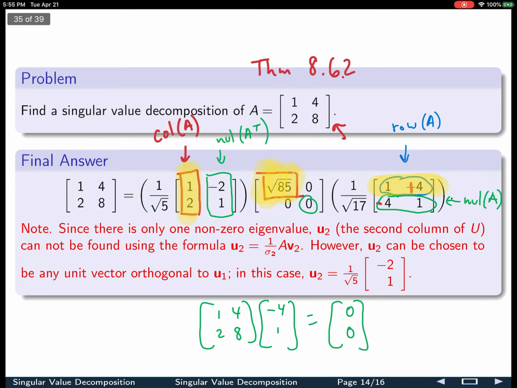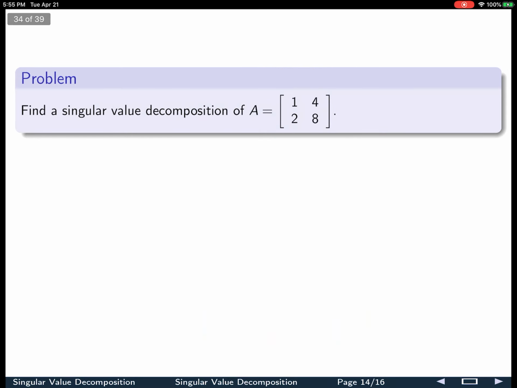Here's a 2x2 thing. Yeah, you can see right off the bat that one of these columns is a scalar multiple of the other. That means that one of our eigenvalues is going to be 0.